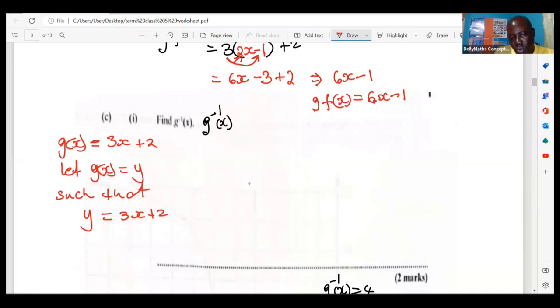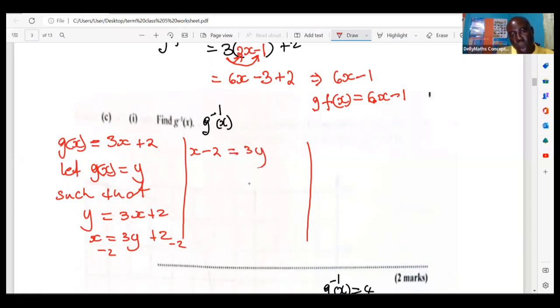Then you switch x and y. So you start the process, switch them. X is equal to 3y plus 2. And then you start transposing for y. So you're seeing that you will subtract 2 from both sides. X minus 2 is now equal to 3y.